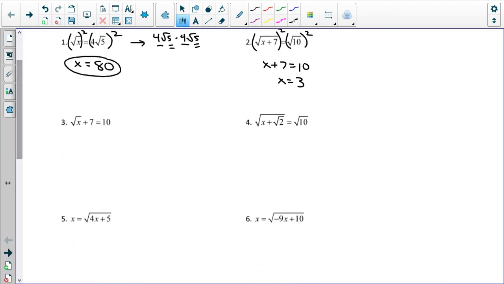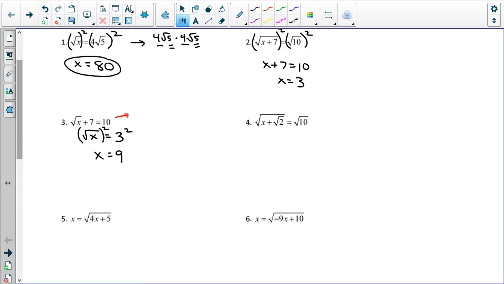Problem 3, we just subtract 7 from both sides, and we get the square root all by itself. Then after we get the square root all by itself, we'll square both sides and we get x equals 9. Problem 3 is where we start to get into the danger zone, because if we think we can square both sides at the beginning, we technically can.